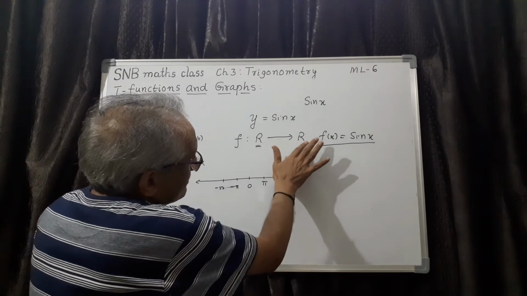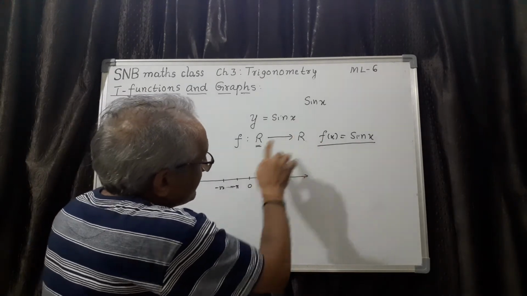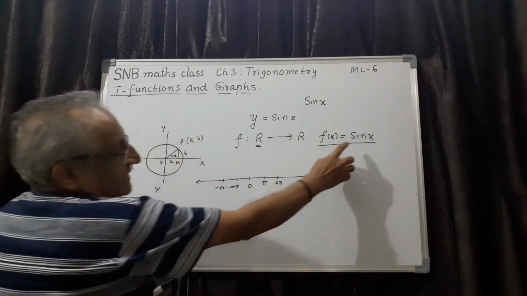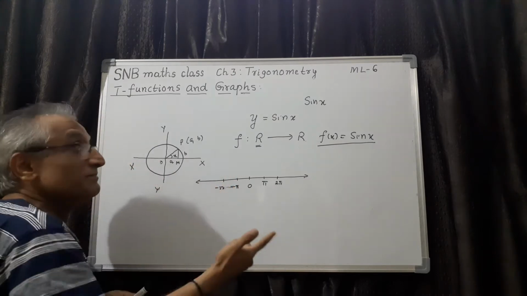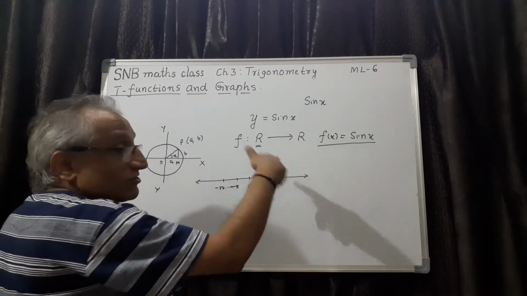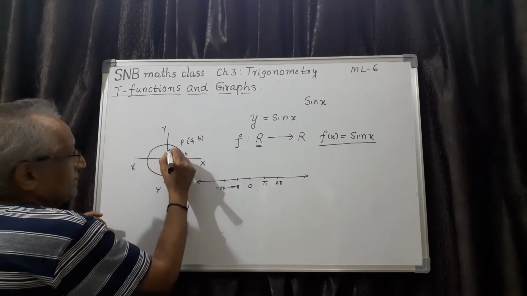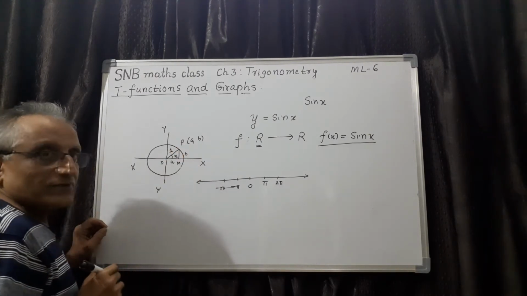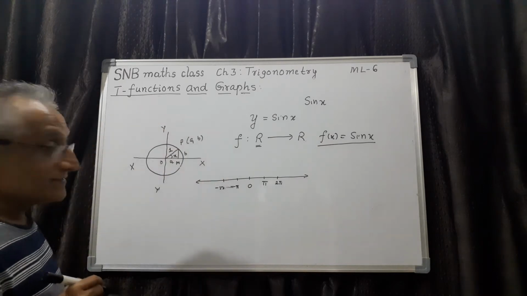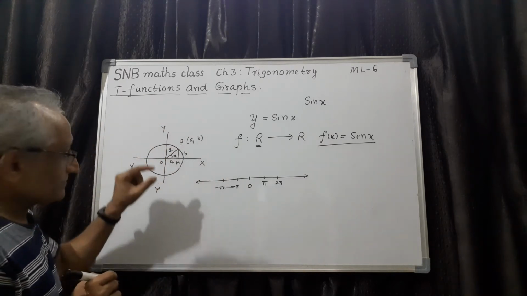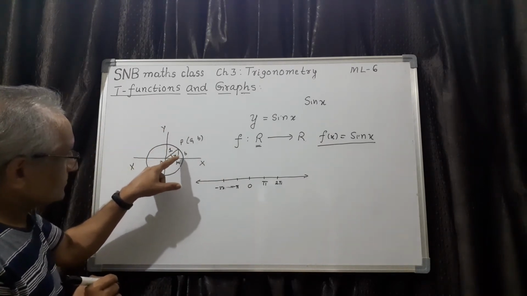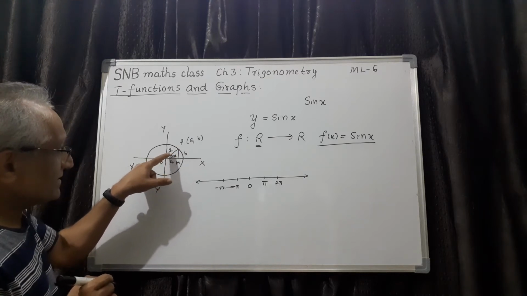Then the second one is the value of sin x. Any value of sin x cannot be more than 1, because the radius is 1, and this is the maximum value. You know that in any triangle, the other two sides should be less than the hypotenuse, because the hypotenuse is the greatest side.